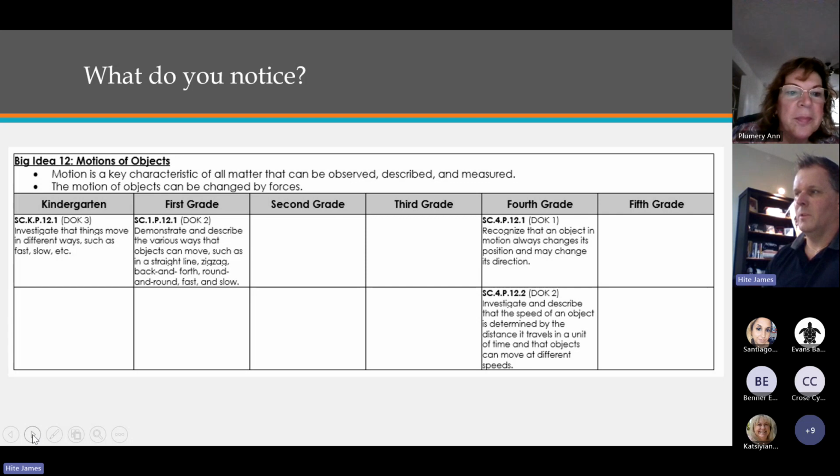So they'll review. But notice the actual concept of speed is not touched on until fourth grade. So that's why it's conceptual. They probably don't have a lot of understanding up to that point.